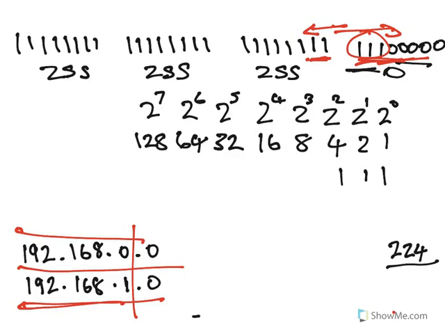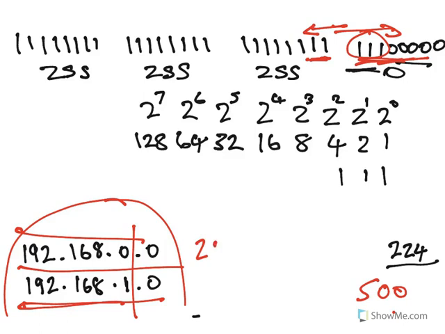Now, let's say you have a situation where you've been assigned these 2 class C addresses, but you want one network. Unfortunately, you weren't able to get a class B address that would accommodate, let's say, 500 hosts. But you've got these 2 class C networks, and each one will allow you 254 hosts, which will give you a total of 508.